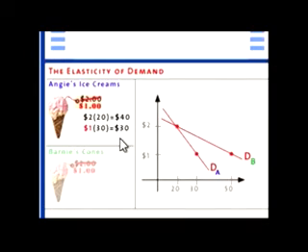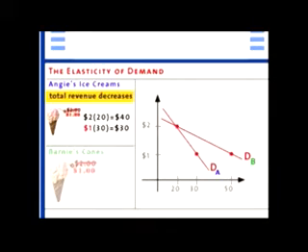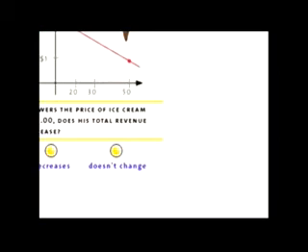That means each day she earns 30 cones times $1 a piece, or $30 in total revenue. When Angie drops the price of her ice cream cones from $2 a piece to $1 a piece, Angie's total revenue actually falls. Now, what happens to Barney's total revenue whenever he drops his price?